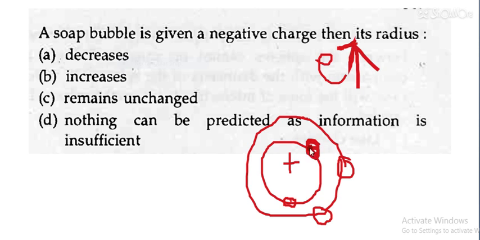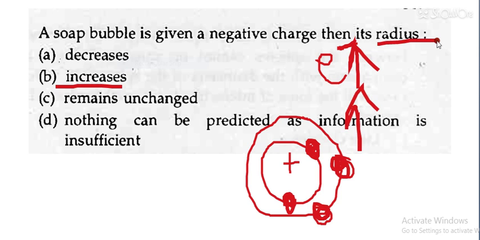Suppose here 2 electrons are present, and if 2 more are added, then the size of the nucleus will increase, so its answer will be increases. So size increases, that means radius increases. So let's see the next question.